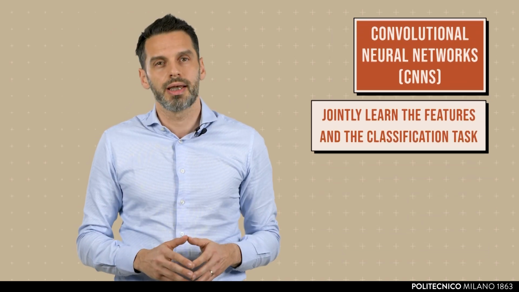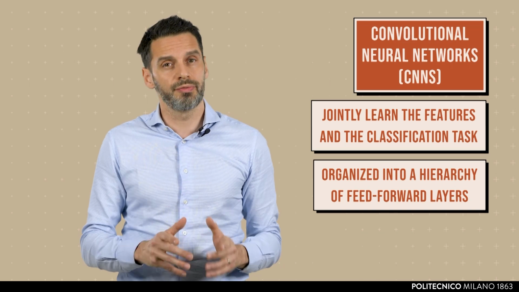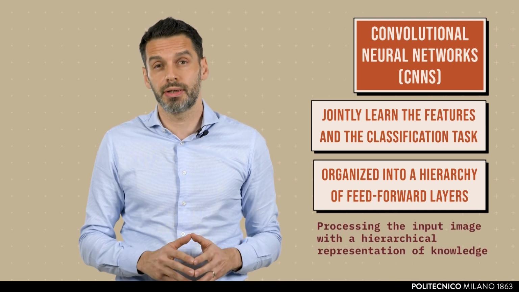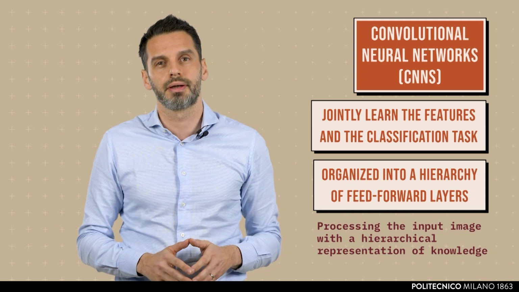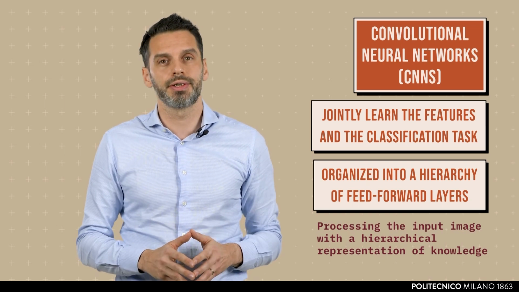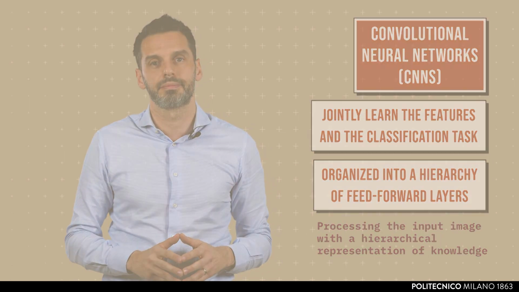But to achieve this goal, CNNs are generally organized into a hierarchy of feed-forward layers aiming at processing the input image with a hierarchical representation of knowledge. This means that extracted features are characterized by an increasing complexity and meaning.